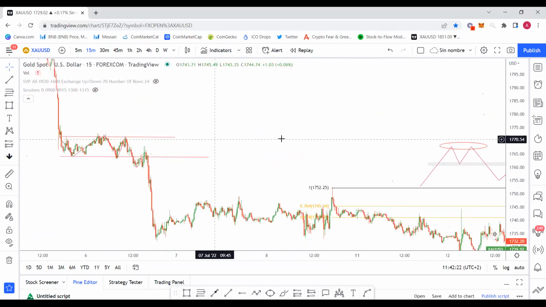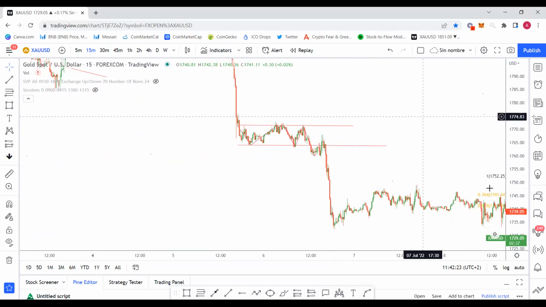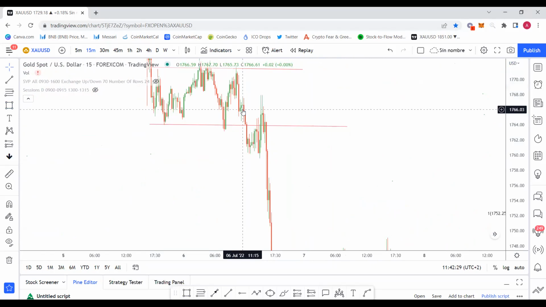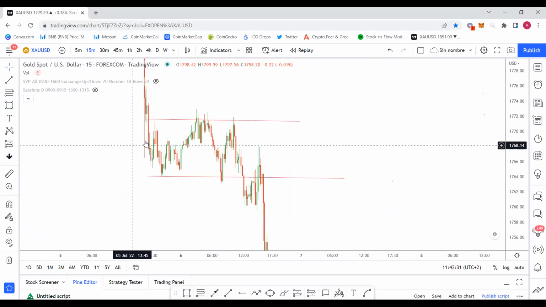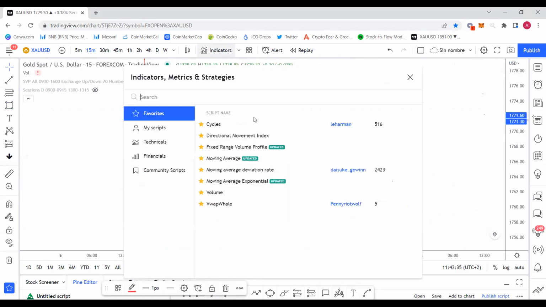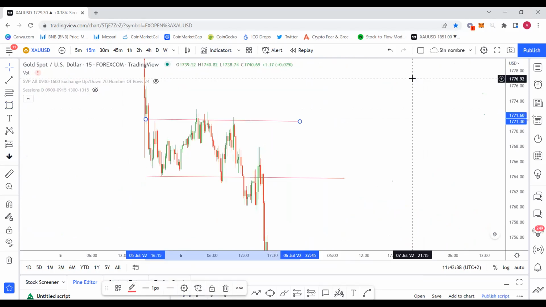So for example, look here, price formed a double top. I think this is a past example.